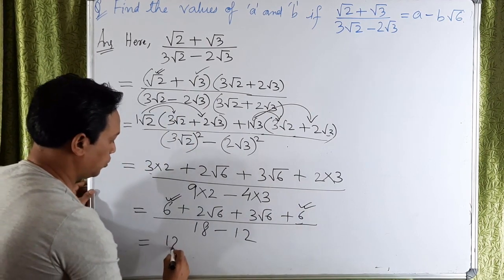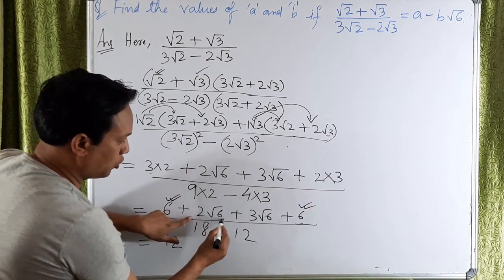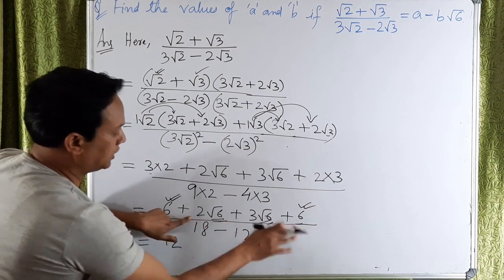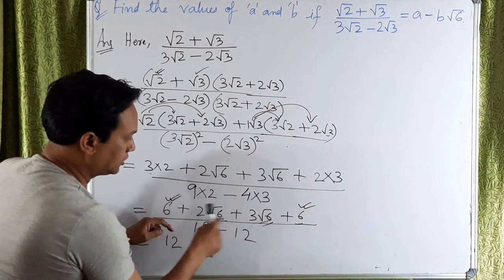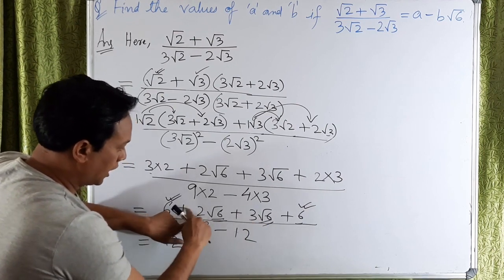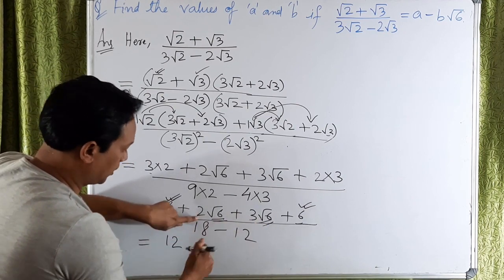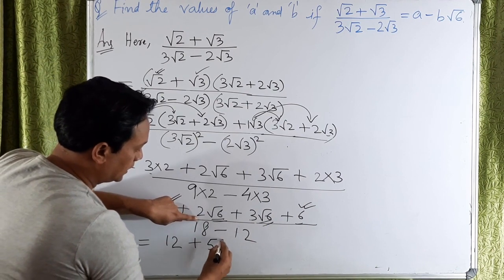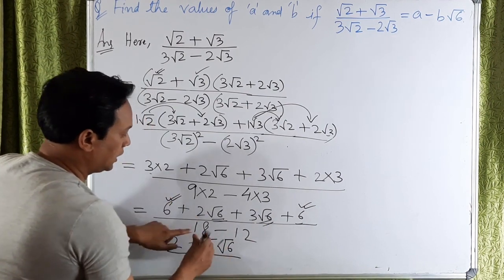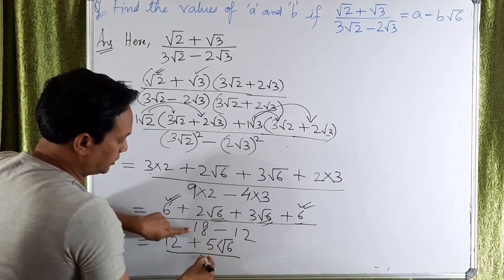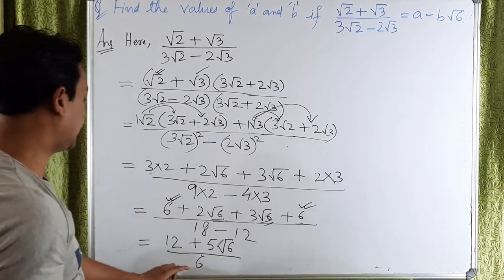It will become 12. And these are both the same. Had it been different, we would leave it like that. But since they are the same, they are called like radicals. So we'll add the number outside, because both signs are the same. So 3 plus 2 is 5 root 6. And below we will get 18 minus 12 is 6. So we have done the rationalizing part.